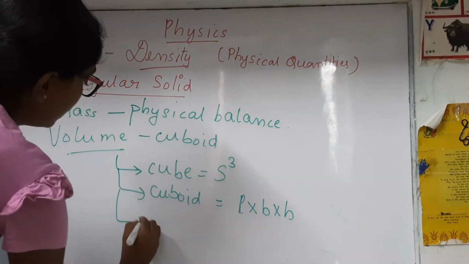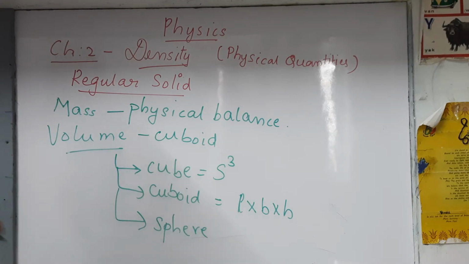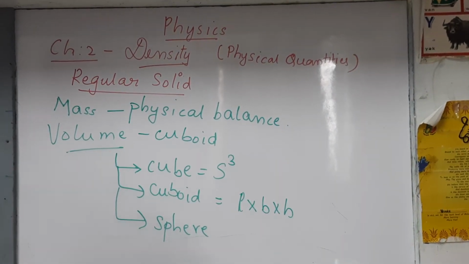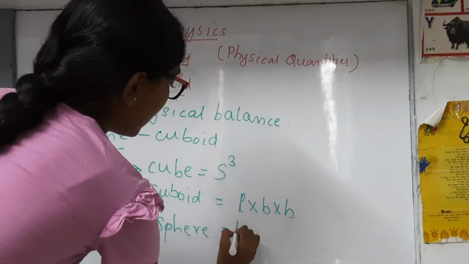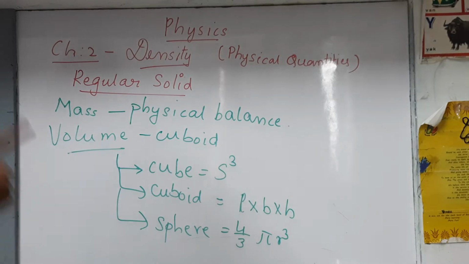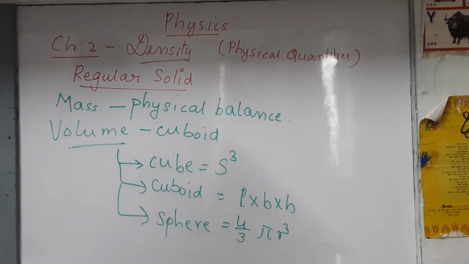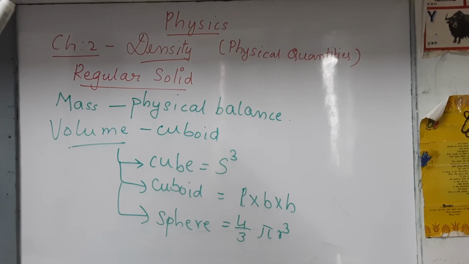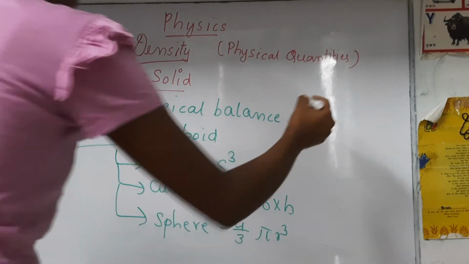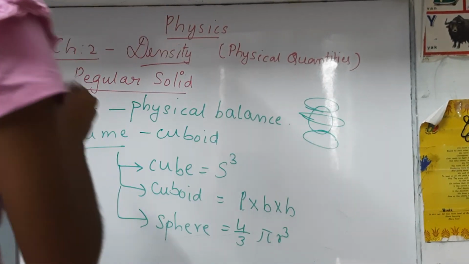Then the volume of a sphere. Many of them get confused with the sphere and cylinder. The volume of the sphere is 4 by 3 pi r cube. If this is a sphere, there is the upper surface one, the lower surface one, and in the middle there is one more.